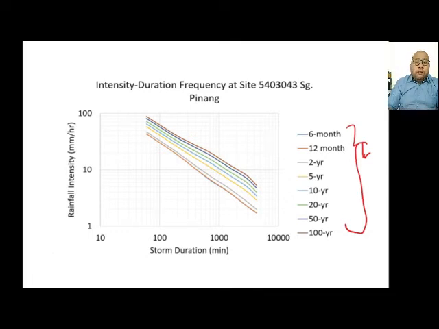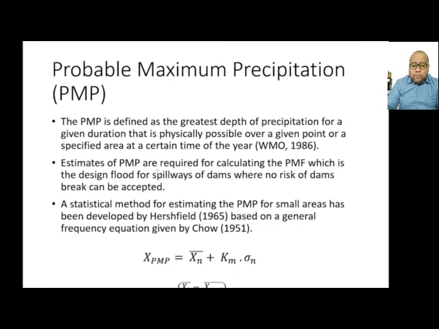So make sure you really know how to derive and estimate the rainfall intensity. Okay, we go to the probable maximum precipitation, PMP. PMP is defined as the greatest depth of precipitation for a given duration that is physically possible over a given point or a specific area at a certain time of the year.